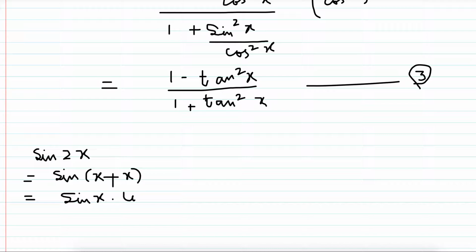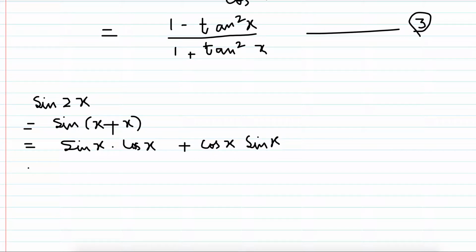So it will be sin x cos x plus cos x sin x. So we are using the formula for sin x plus y. Both terms are the same, sin x cos x and again sin x cos x, so it will be 2 sin x cos x. So sin 2x is equal to 2 sin x cos x. This is our first formula for sin 2x.